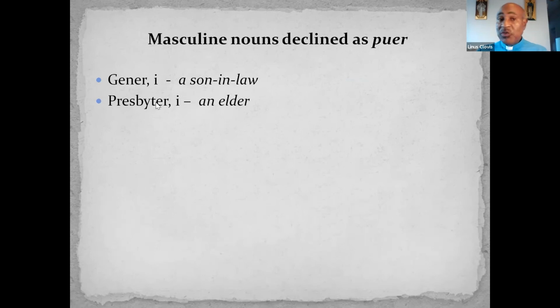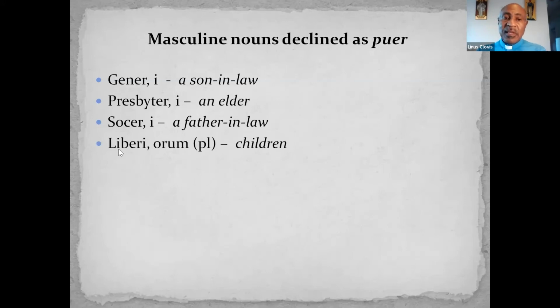So presbytery is basically a house where the elder lives, the priest. In the New Testament, presbyter eventually came to mean a priest. Socher, nothing to do with soccer, but it's a father-in-law. Socher, socherus it would have been. Liberi, liberorum.